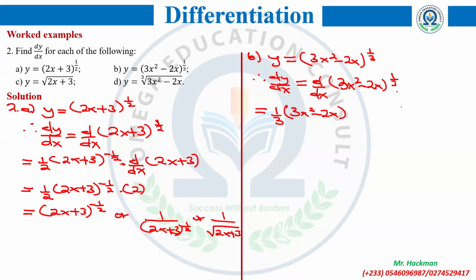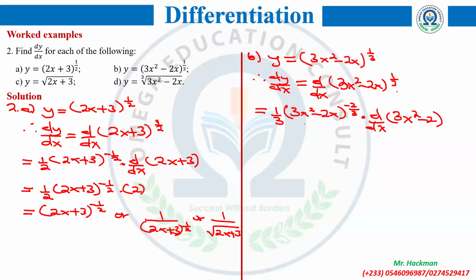So 1/3 minus 1 will give us minus 2/3. Minus 2 on 3. Very good. But remember that is not all, times d dx of what you have in bracket. So d dx of the function that you have raised to the power, which is the 3x squared minus 2x. All correct, my professors?